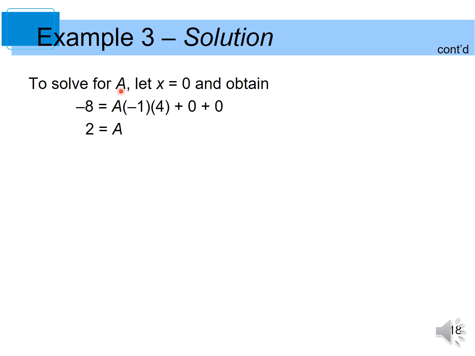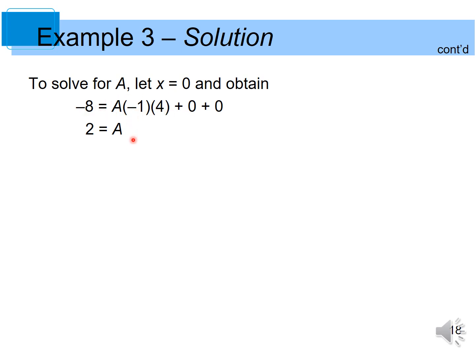Then to solve for A, we let x equal to 0 because the first factor is just x. The first factor is x, so let the first factor equal to 0, so x is equal to 0. So we substitute x equal to 0 into the basic equation.